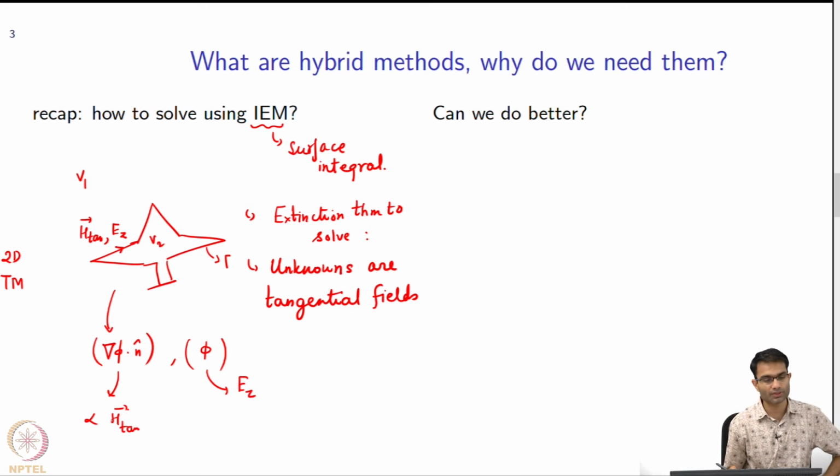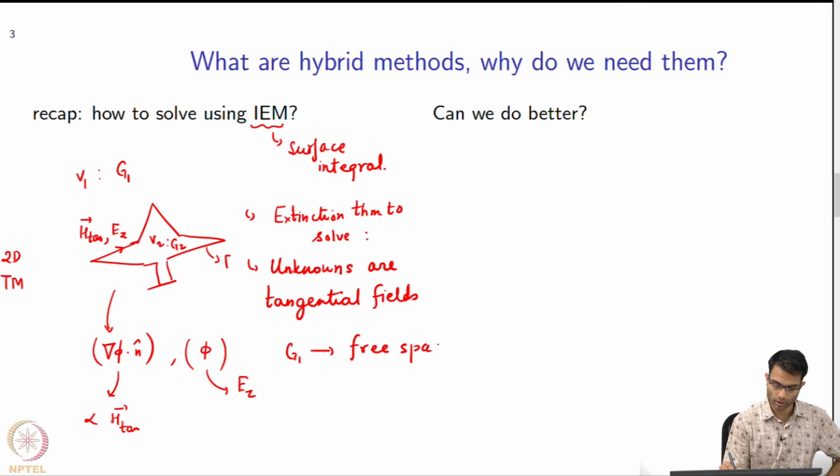In addition to this, what else I needed was the Green's functions, g1 and g2. g1 was free space, so therefore easy, and g2 however for a heterogeneous object is not easy, right?